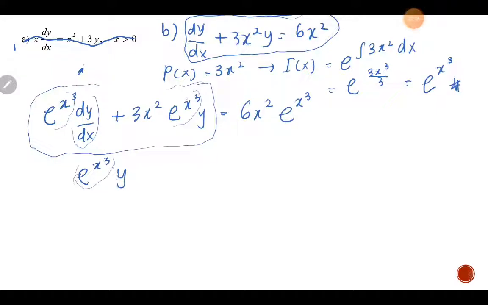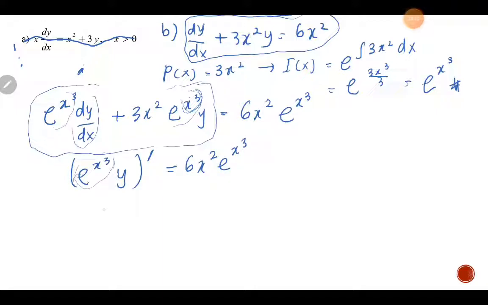E power x cube dan darab dengan dia punya kuasa derivative of the power here. So x cube differentiate the power, you gonna get 3x square. Okay, 3x square ni. And then differentiate y, tak ada masalah lah, prime. Okay, is equals to 6x square e to the power of x cube.